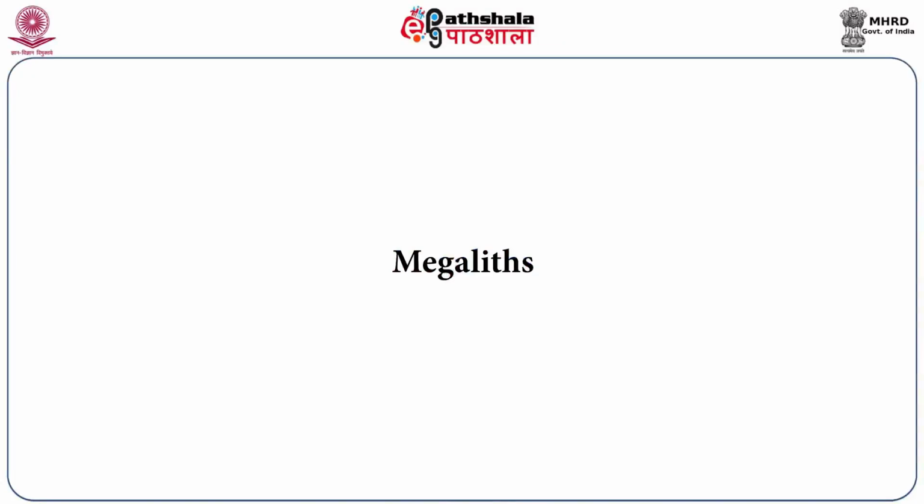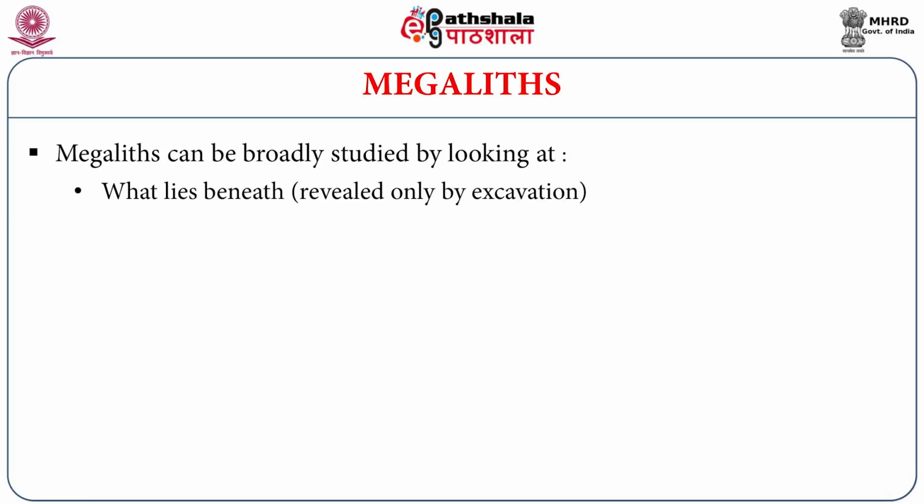Again, we have to divide the megaliths into 2 categories. One is the burial, the second is the memorial. The burial is the one which actually has the mortal remains of the dead or associated remains. Memorials are just stones planted without any associated mortal or physical remains of the dead.